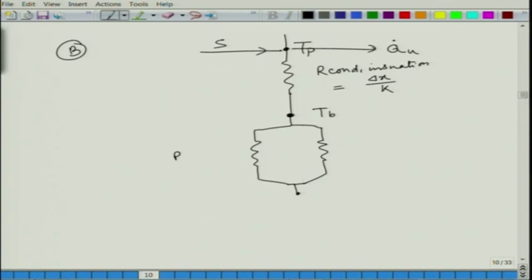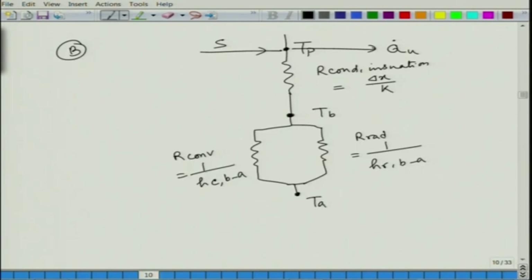Here R convection will be 1 over Hc, bottom to ambient, and R radiation will be 1 over Hr, bottom to ambient. And this node is your ambient temperature node.